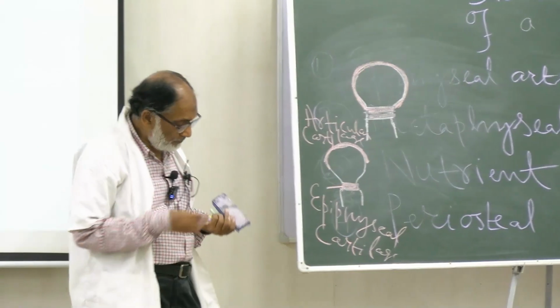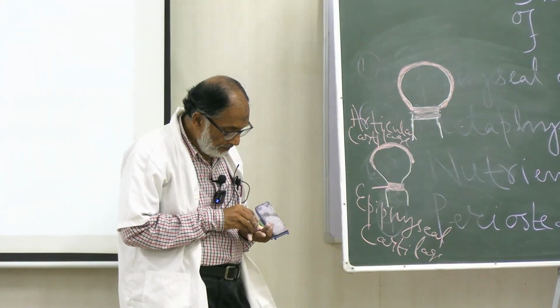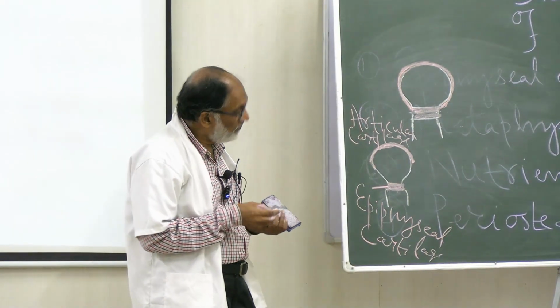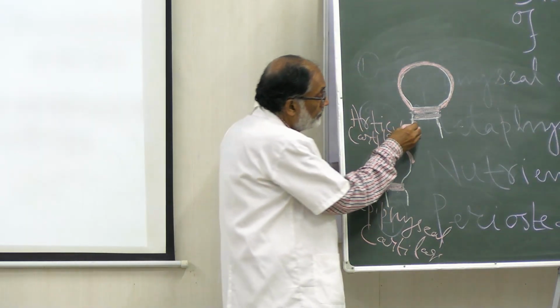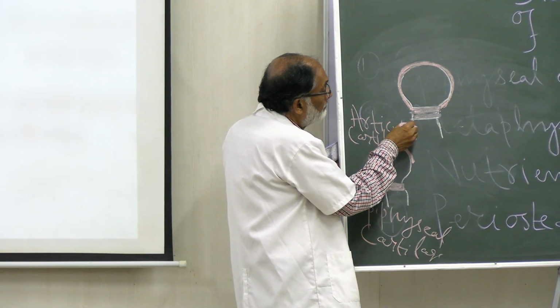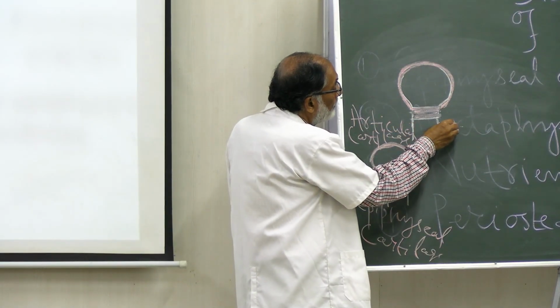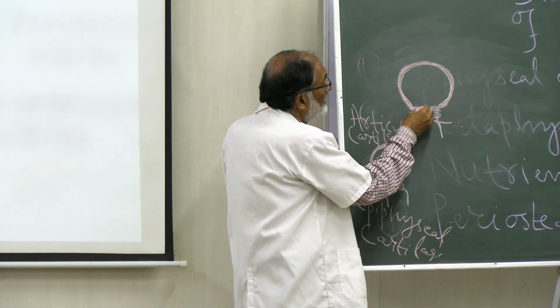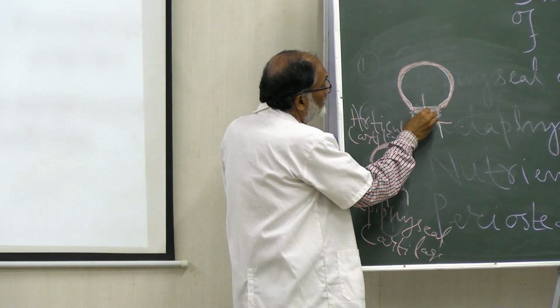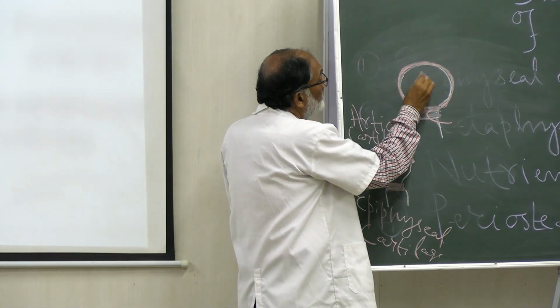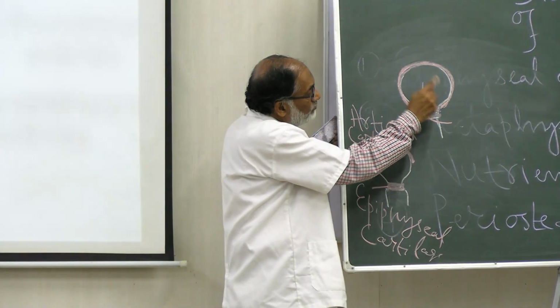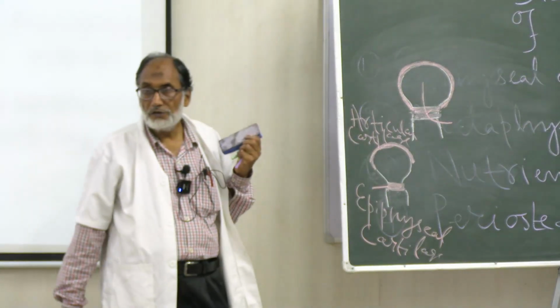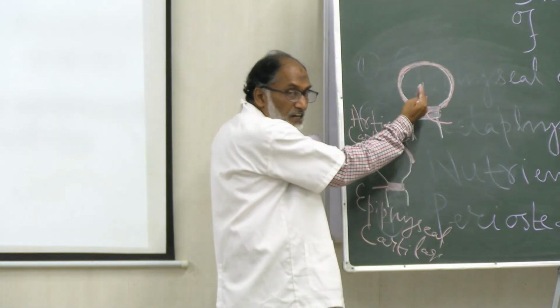In that case, what happens? The epiphyseal artery enters the epiphysis by passing through the epiphyseal cartilage. It supplies the epiphyseal cartilage as well as the epiphysis, and it is passing through the epiphyseal cartilage.